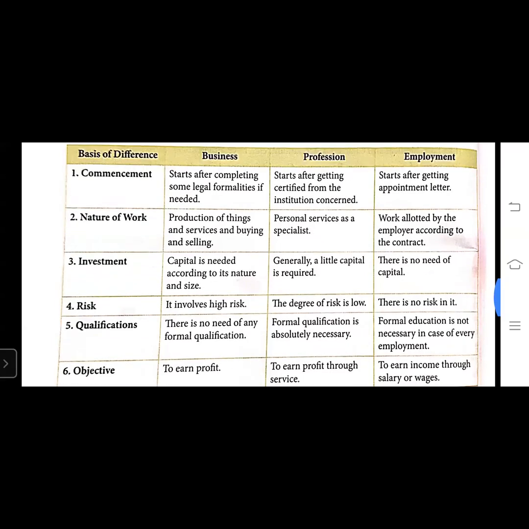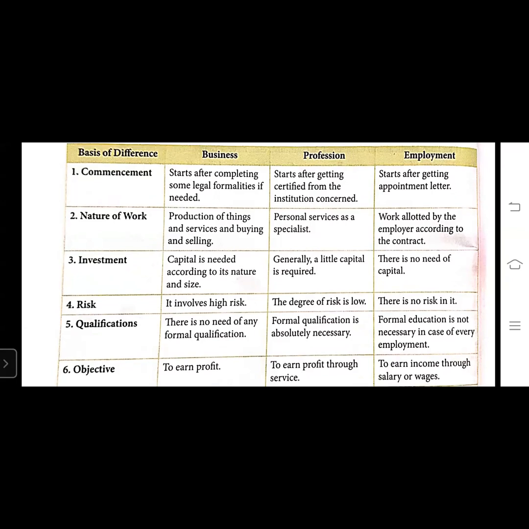Risk: higher risk is involved in business. The degree of risk is low in profession. And there is no risk in employment. Then qualification. In business, there is no need of any formal qualification; anybody can do any business.